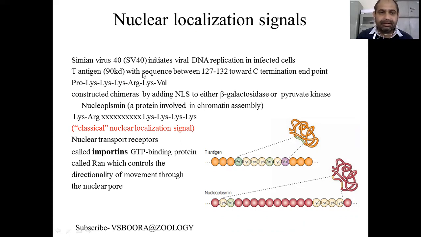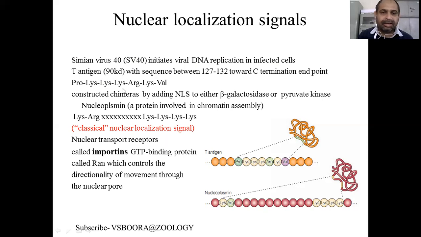This sequence is recognized and imported from the cytoplasm toward the nucleoplasm. Such a protein is found in simian virus, which is responsible for initiating viral DNA replication in the infected cells.